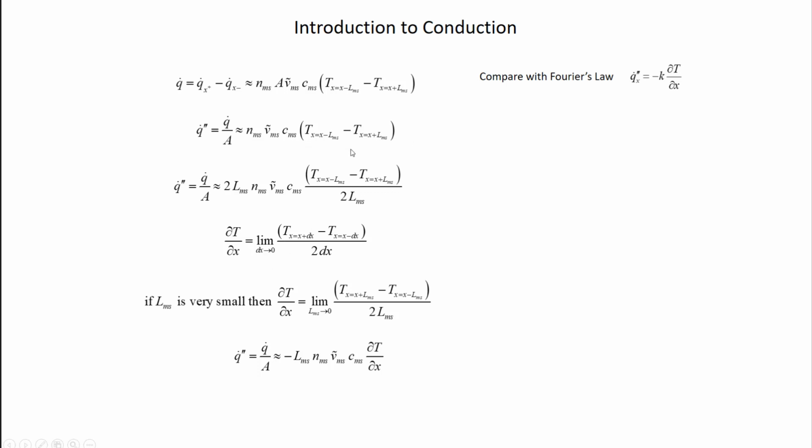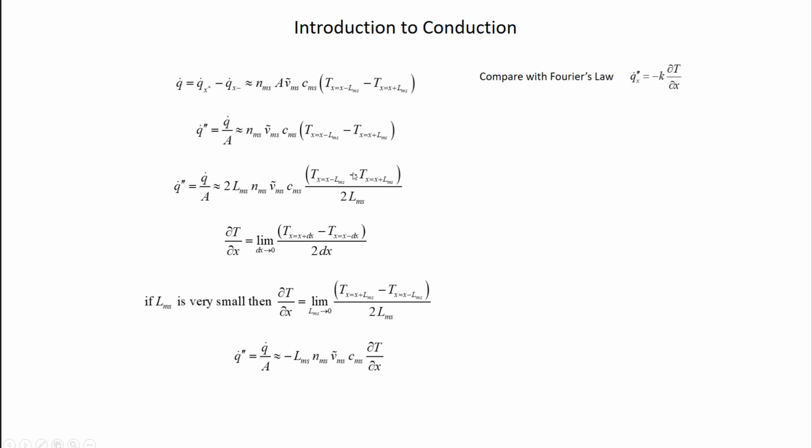So if I go back up here, this is kind of looking like a derivative, right? The only way it's going to become a derivative is if this distance, this LMS here, plays the role of dx, right? If this distance between molecular collisions gets really, really small, then it's going to be possible to write this term as a derivative and recover Fourier's law, right?